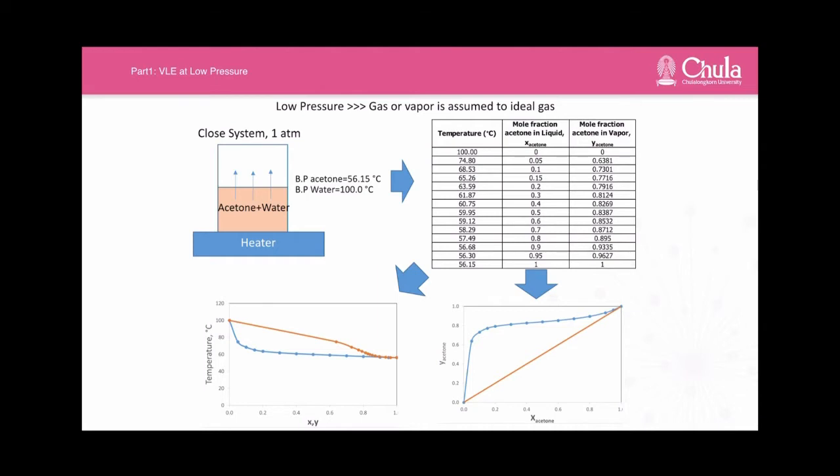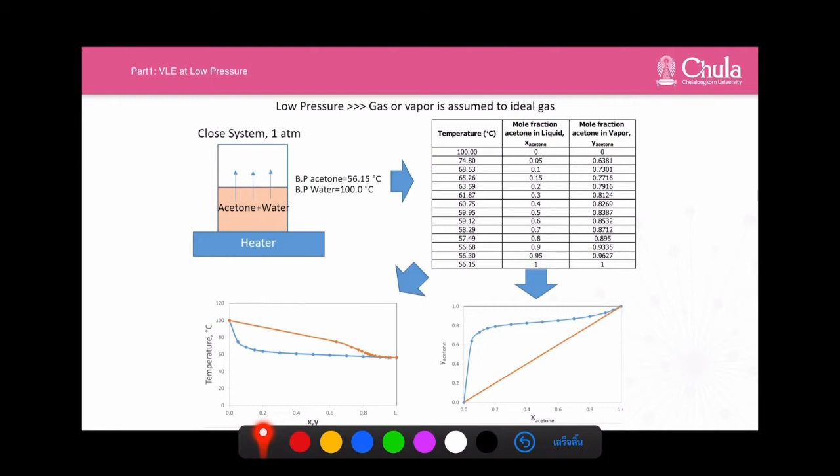You can perform an experiment to obtain this data, like using this system. For example, we have acetone and water, and we control the pressure to be at 1 atm.